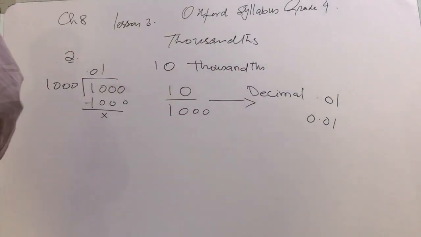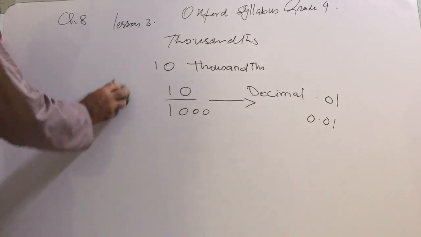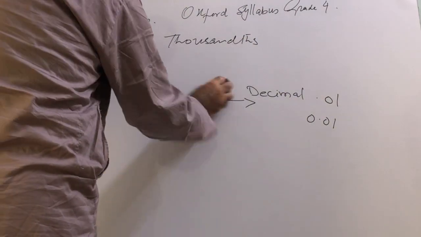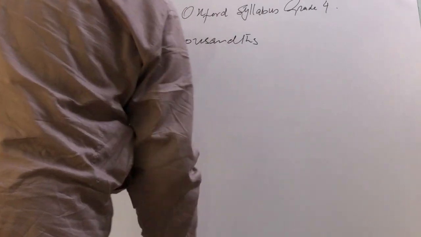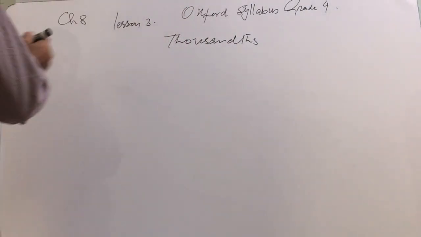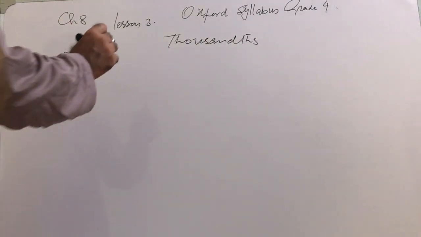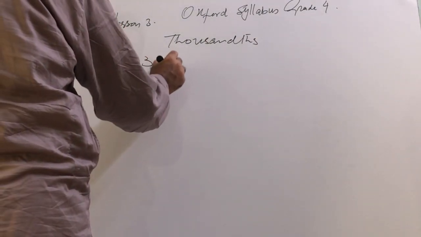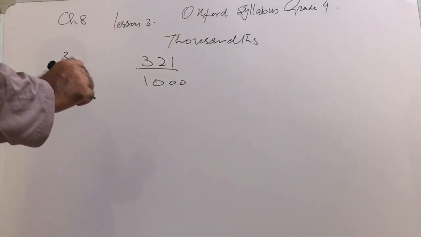Now we will be moving to point number 3. We will be doing similar questions again and again so that you understand the idea of thousandths. Number 3, on page number 164, says express 321 over 1000 as a decimal.